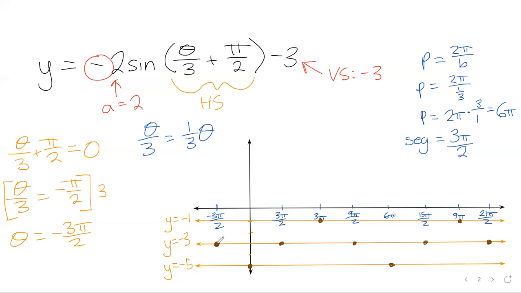Perfect. So now I can draw the graph itself. And close enough. That's fine. And for domain and range, domain for sine and cosine is always all real numbers. Range for this one, again, because we've labeled the graph well, we can see it's from -5 to -1.